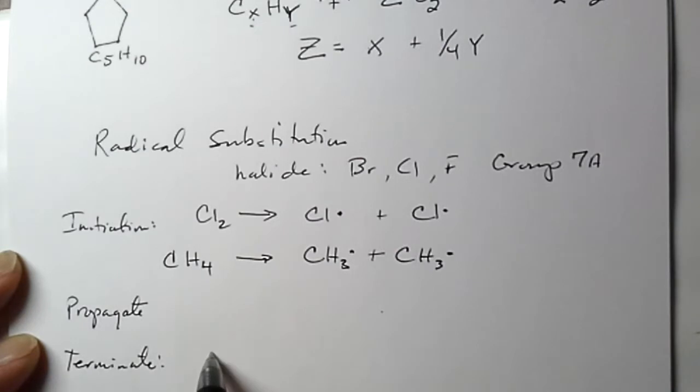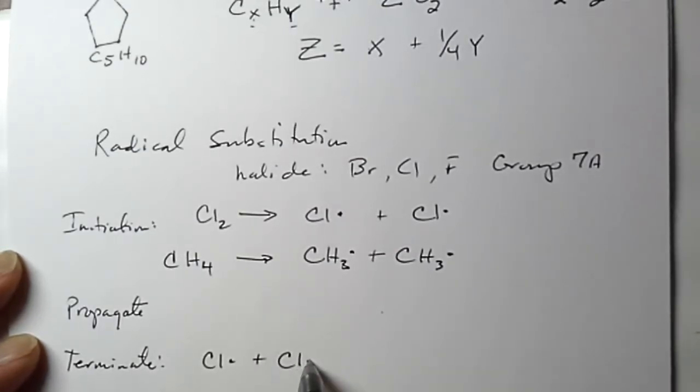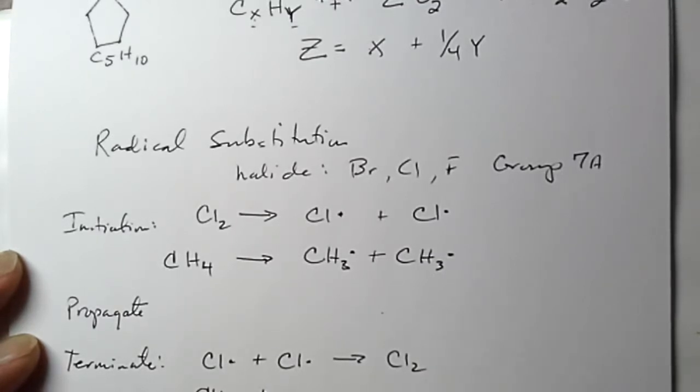That is, we can either reform our chlorine, or we can form these symmetrical alkyl groups.